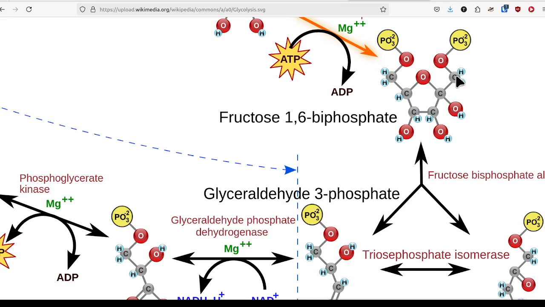Carbon, let's see, this would be carbon 1 because here is the hemiacetal. On this side, it's just, well, no extra oxygen here. So this oxygen is part of the hemiacetal group. So that makes this carbon 2 and carbon 1. So that's 1. And then we count around 2, 3, 4, 5, 6.